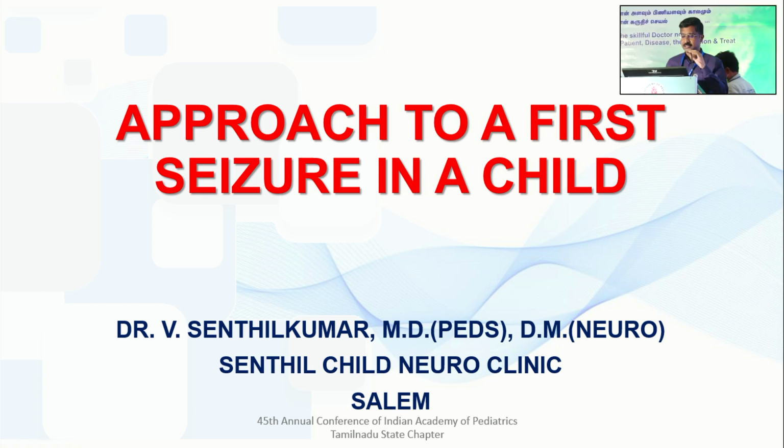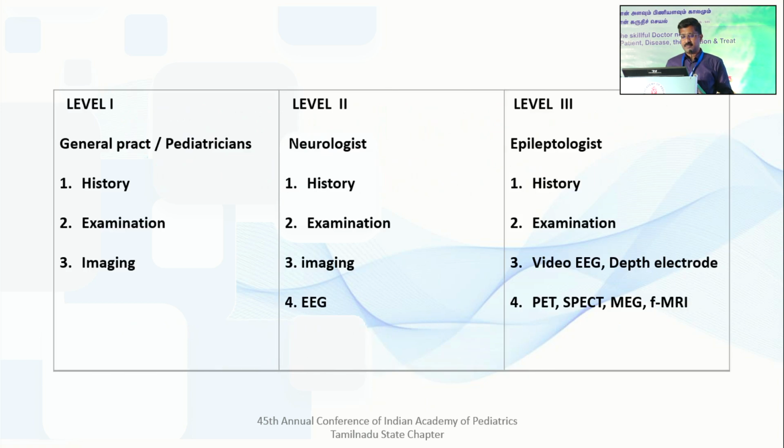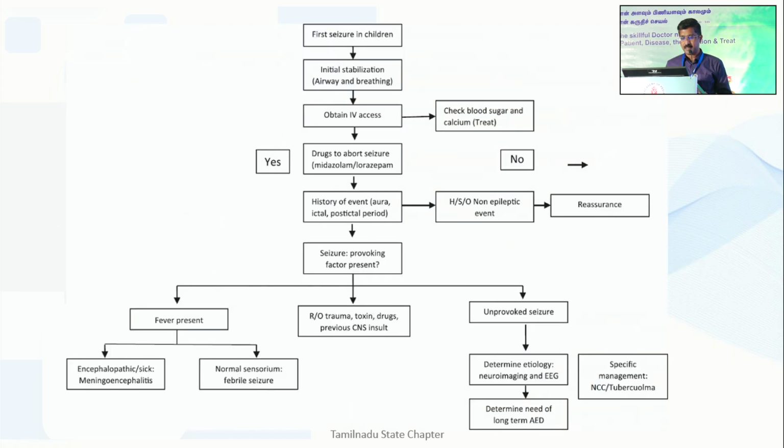Instead I will be showing some interesting practical videos, and for practical purposes I have classified into 3 levels. Level 1 will be treated by a general practitioner or pediatrician with history, examination and appropriate imaging, supplemented in level 2 by an EEG by a neurologist. The need for an epileptologist is less than 10%, for example in refractory seizures, immune epilepsy, and genetic epilepsies, which we won't be discussing today.